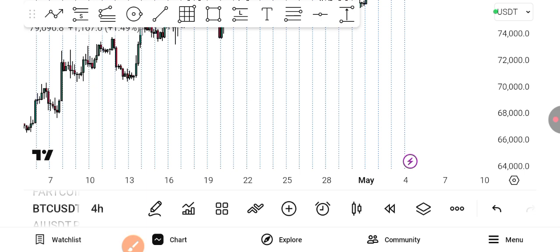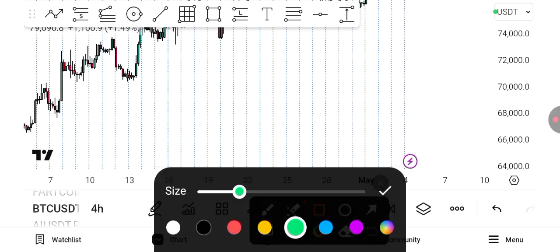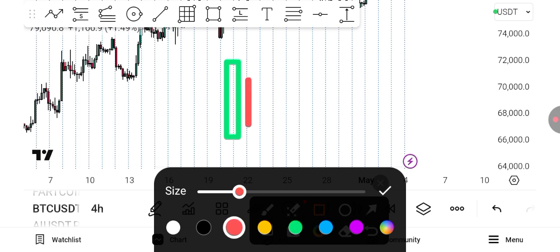The same thing. I'm going to show you that right away. Okay, just like this. So this is how the structure looks.